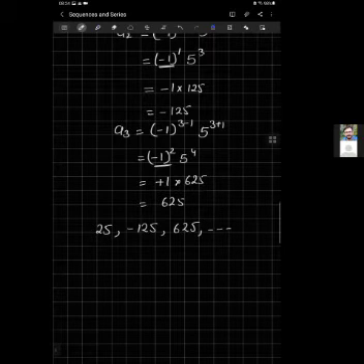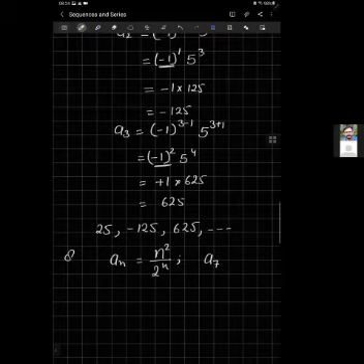Sometimes some of the questions they used to give and they say us to calculate some specific term. Like I'm taking question number 8. It is a n is equals to n to the power 2 upon 2 to the power n. We need to calculate A7. A7 means n we need to put as 7.